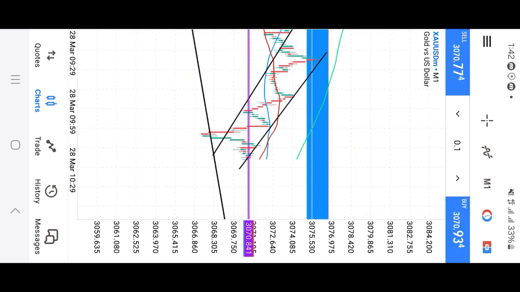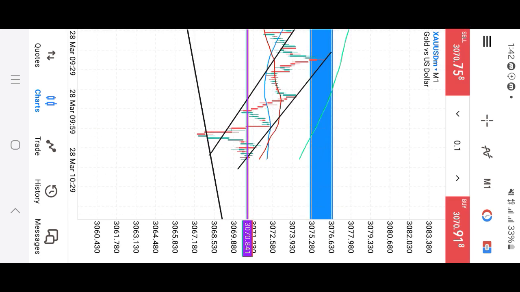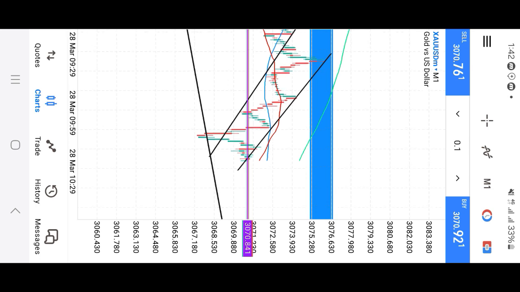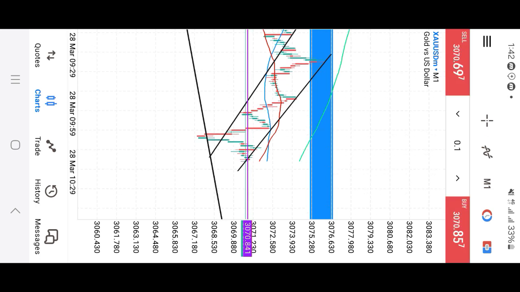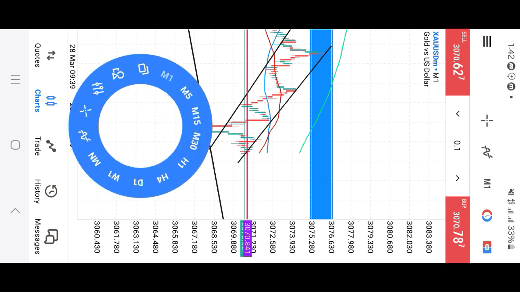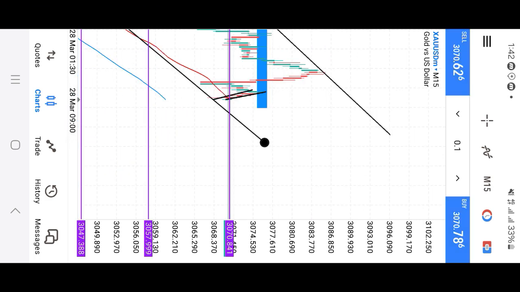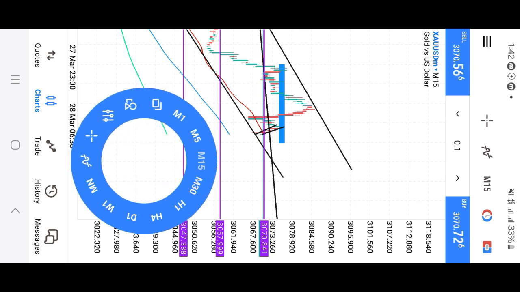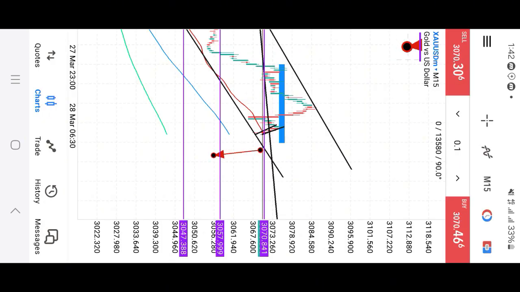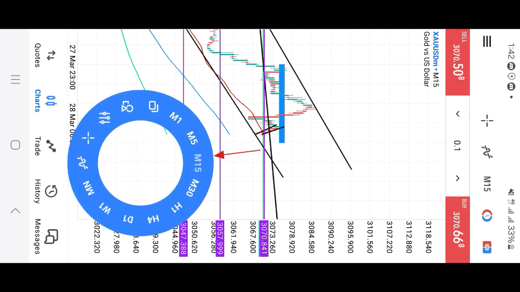So price now also may break up or go down. So if price broke the trend line, the upper trend line, we will go buy up to the blue area. Price may go down if you see like this.